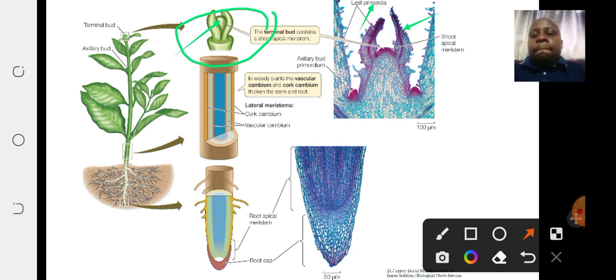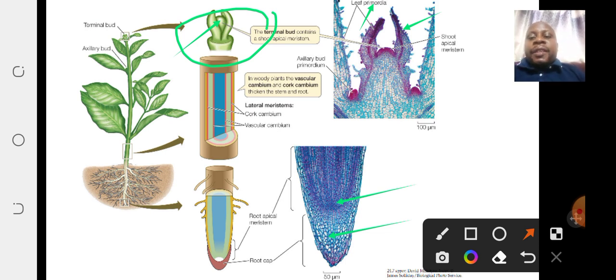Okay. Then down here, the apical meristems are found there, and they are usually protected by the root cap. As the root grows downwards, it usually comes into contact with some tough materials like soil or even rock.